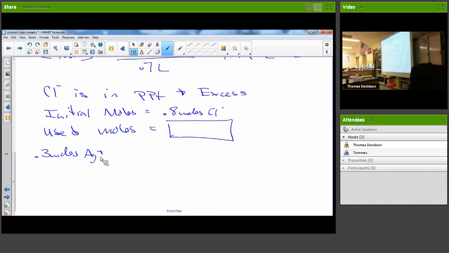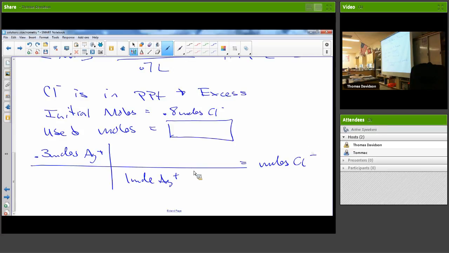Ag plus. I need to get rid of moles Ag plus, so it's 1 mole Ag plus. And then I want to end up with moles Cl minus, right? So this one's easy because it would be 1 mole Cl minus. So the amount of moles that can be used in this reaction will be equal to 0.3 moles used.